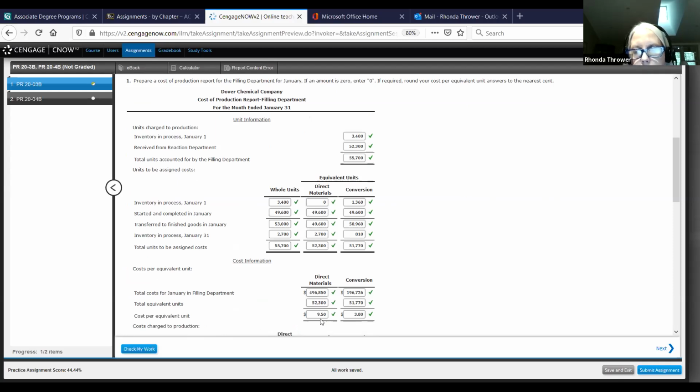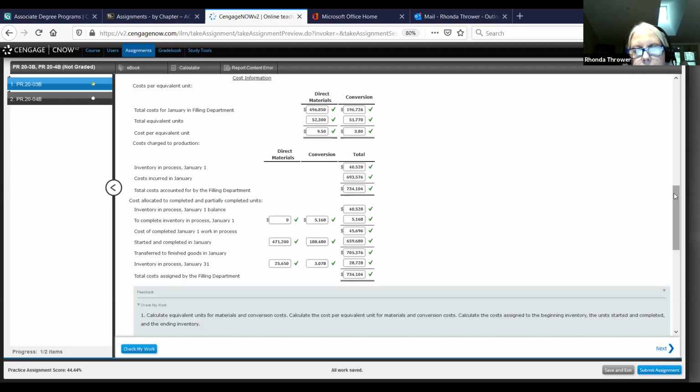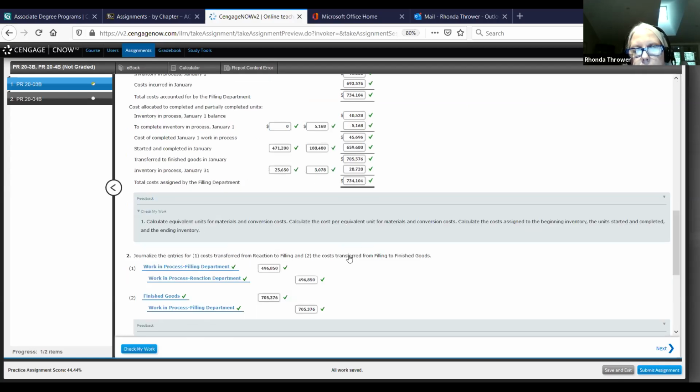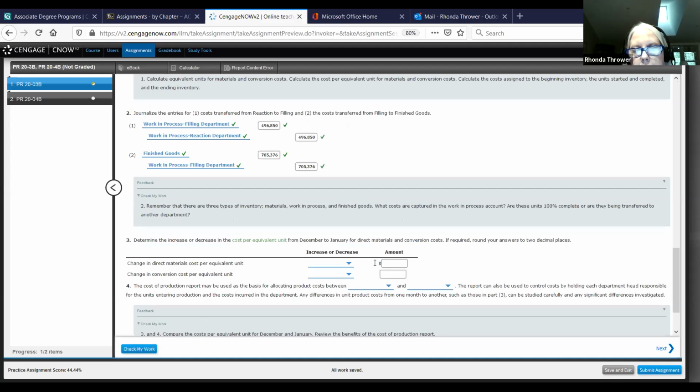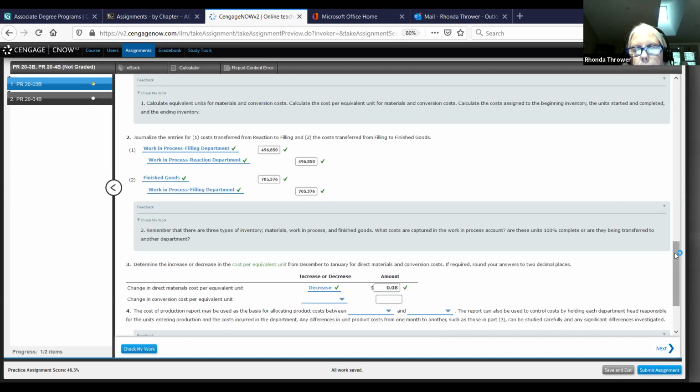This period is $9.50. It went down by 8 cents, or it was decreased by 8 cents. So we would choose decrease, and 8 cents would go here. The second part of this is asking you for the change in conversion cost per equivalent unit.